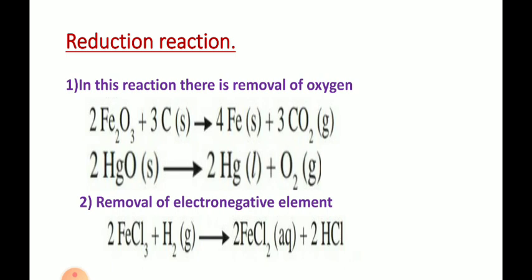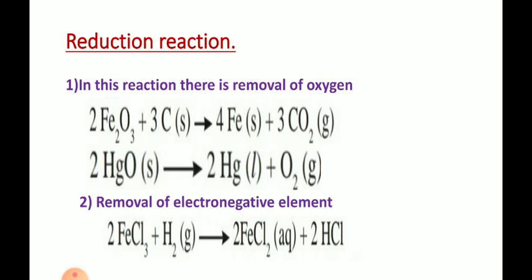And the second type of examples are removal of electronegative elements, opposite to the electropositive elements we saw in our last slide. Here the removal of an electronegative element takes place in the following example.